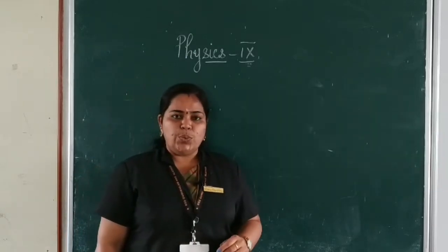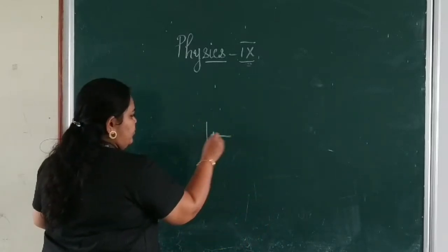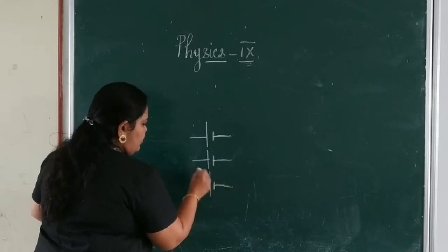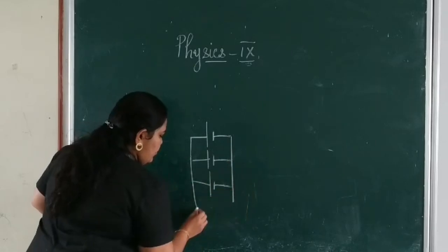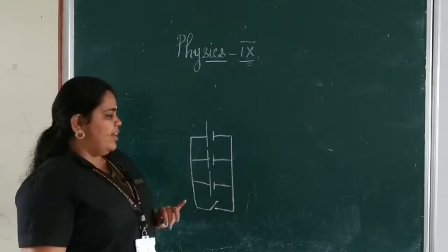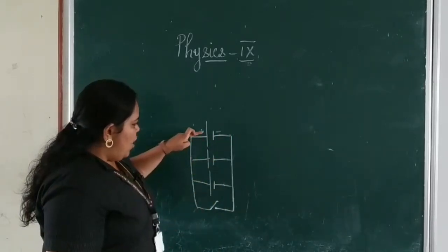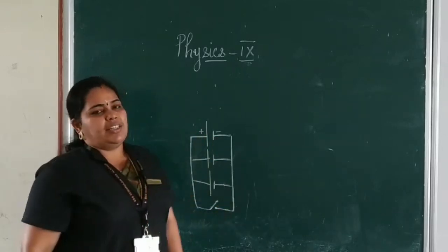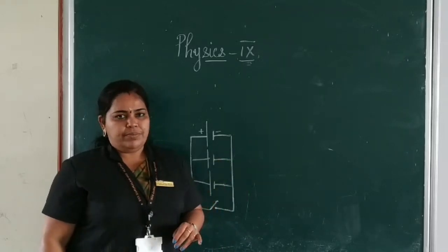Such a connection is known as parallel connection. This is the positive terminal and this is the negative terminal, isn't it? So see here, all the positives are connected together and all the negatives are connected together. Such a connection is known as parallel connection.